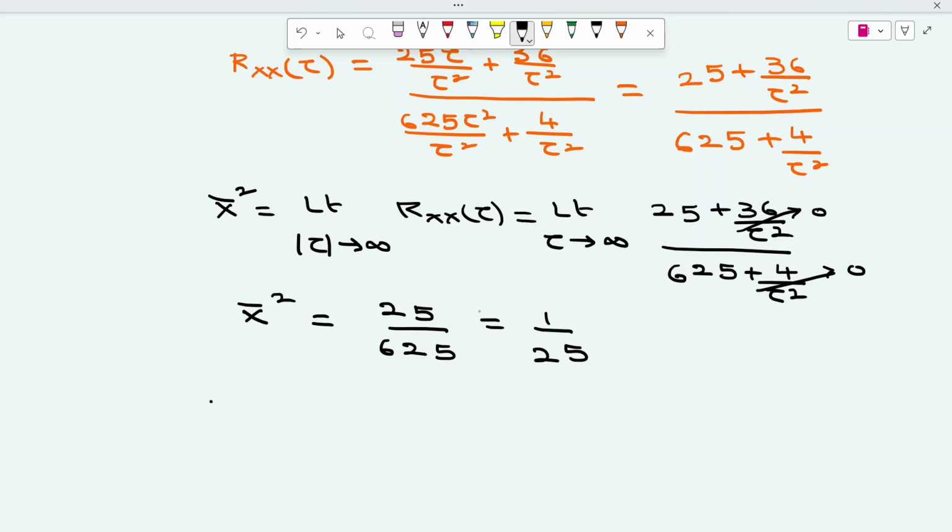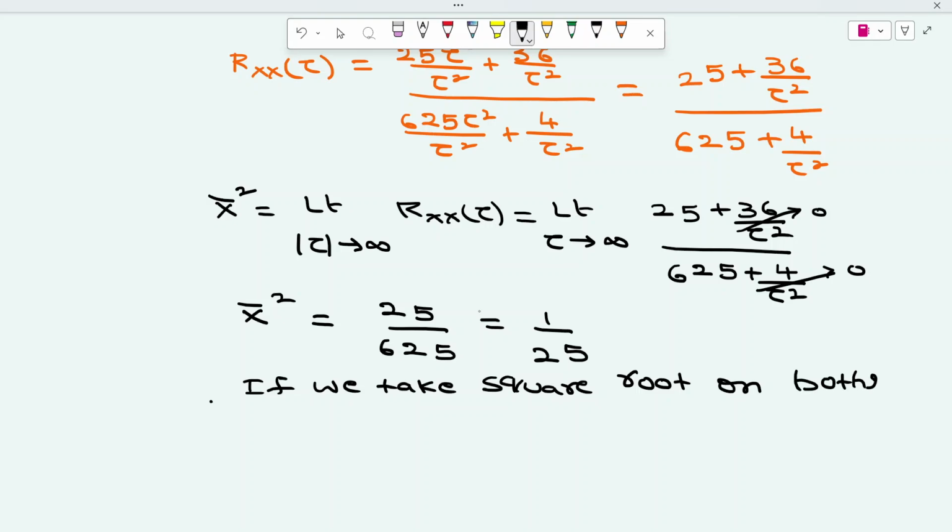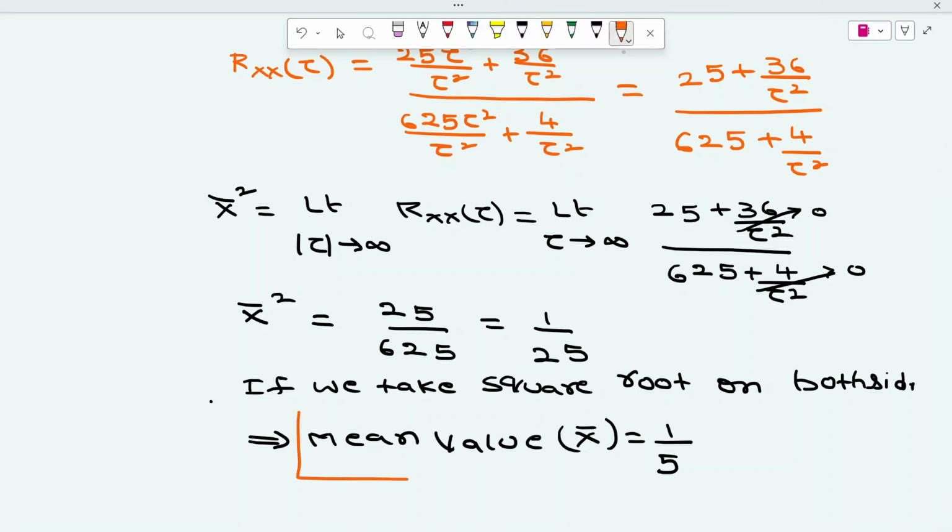If we take the square root on both sides, we get the mean value of x as 1 by square root of 25, which is 1 by 5. So this is the mean value of the given random process.